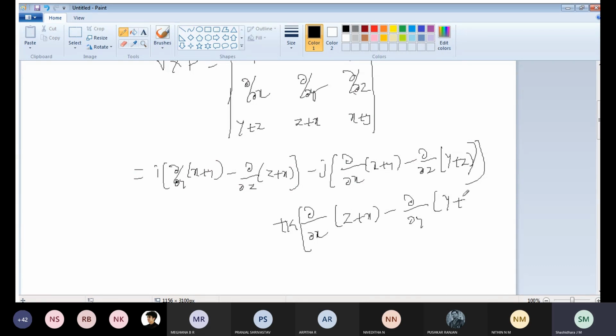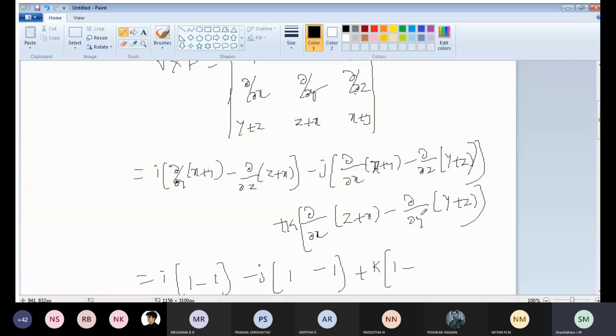So finally you will get i of 1 minus 1, minus j of 1 minus 1, plus k of 1 minus 1.